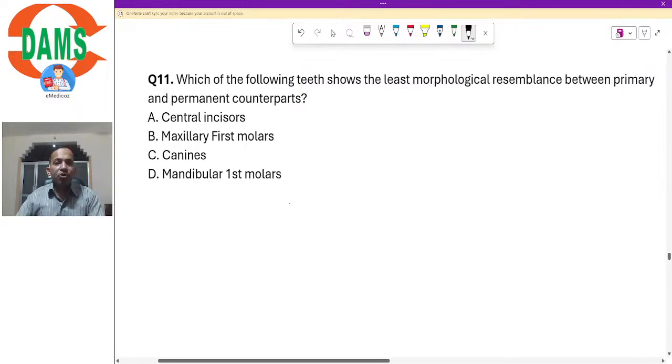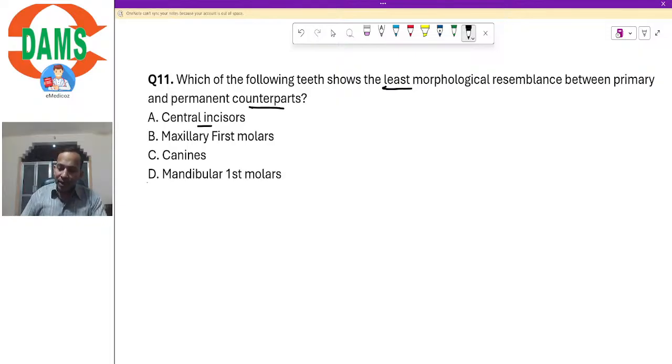Which of the following teeth shows the least morphological resemblance between primary and permanent counterparts? So, resemblance between permanent and primary counterparts is least. Options are central incisors. So, primary and permanent central incisors appear almost identical. Not exactly, but almost identical. Canines are also almost identical, right?